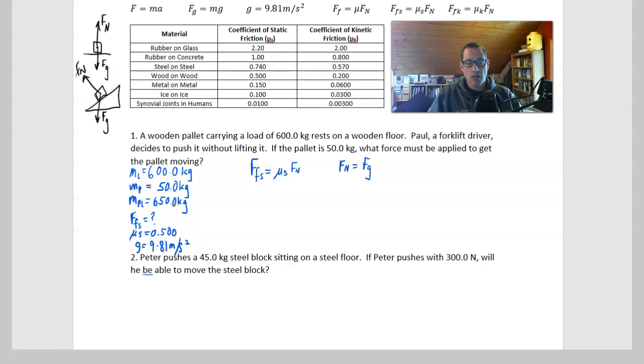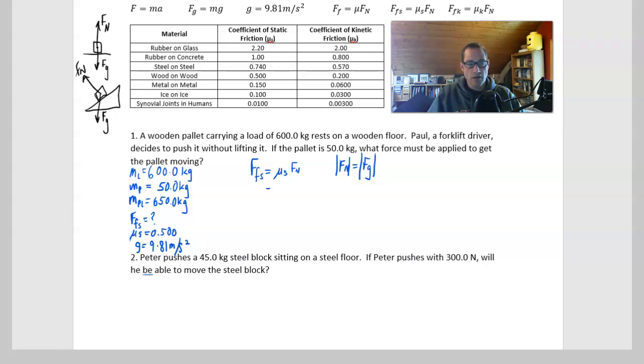Really, if we're being picky we should say the magnitude, because the directions are not the same. Putting your variable between two long lines means the magnitude of F of n and the magnitude of F of g. But we're dealing with magnitudes the whole time anyway, so we can just substitute it in.